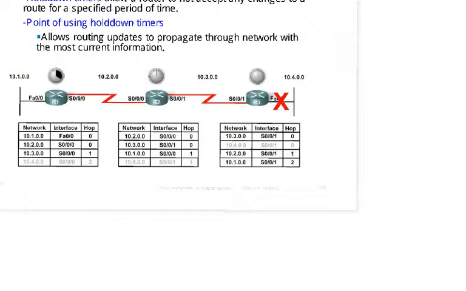That's what this means. So R2 will use the hold down timer. If the hold down timer expires and you did not receive any instruction from router 3 that this network has come back up again, then you mark it as permanently unavailable.